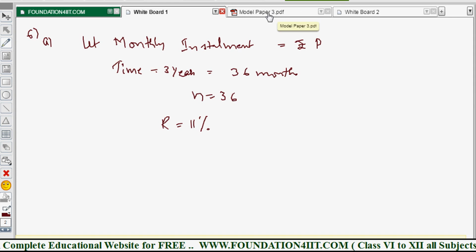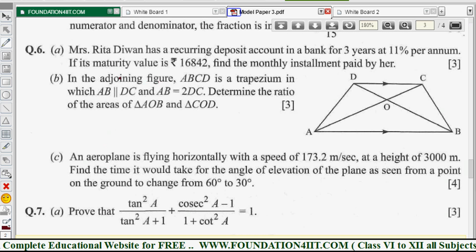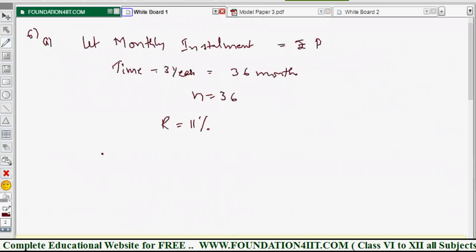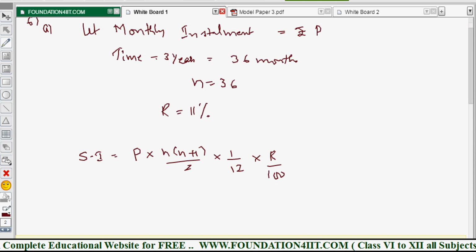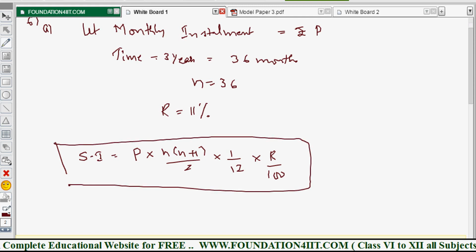If you observe the question, the maturity value 16,842 is given. Then we apply the interest paid. How much interest is to be paid, we will take first. We know the formula: simple interest is equal to P into n into n plus 1 by 2 into 1 by 12 into R by 100. Just apply this.